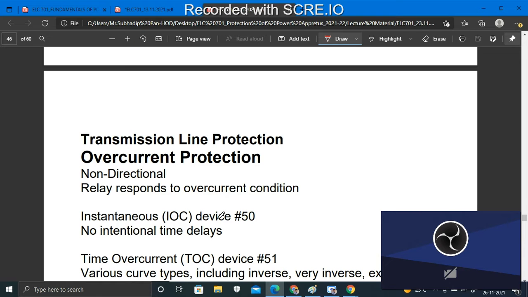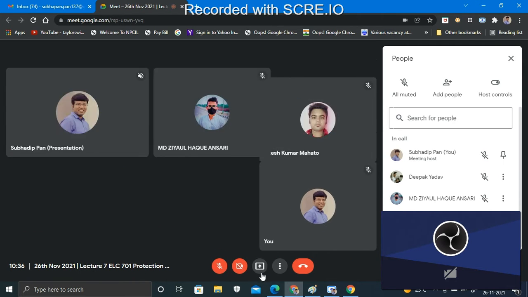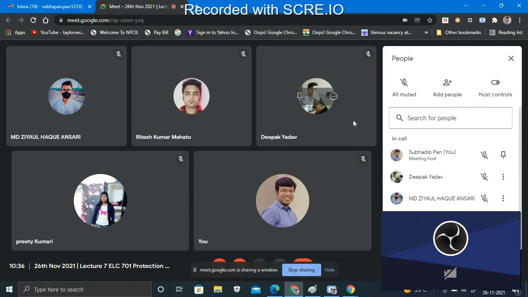Today we will discuss directional overcurrent protection. We have to focus on GATE type questions, as well as other competitive exams, so that you can realize your preparation.